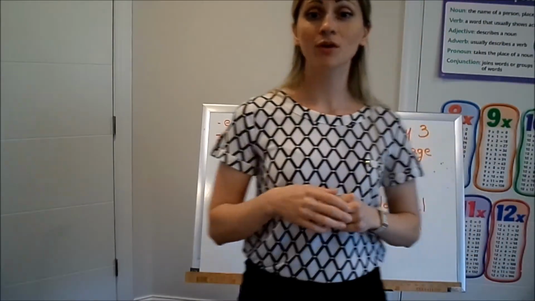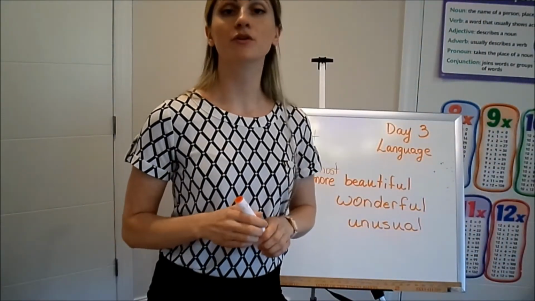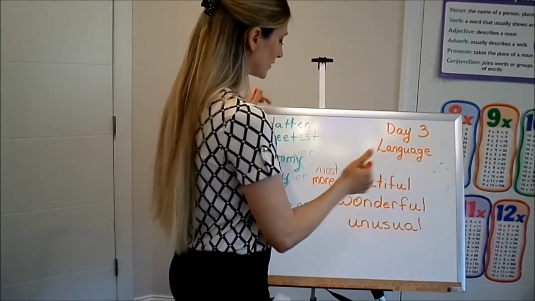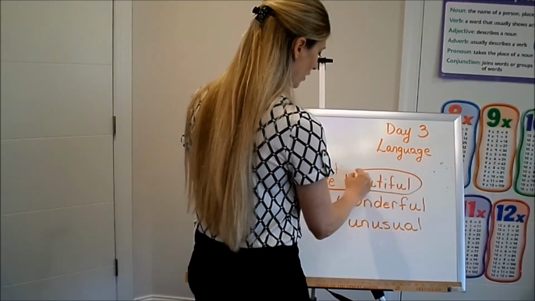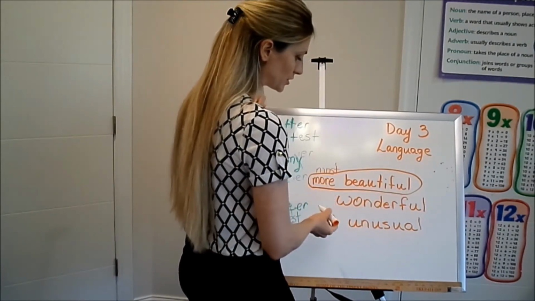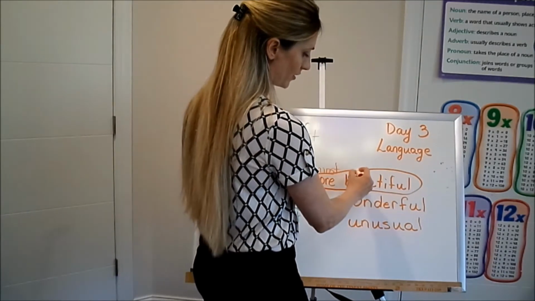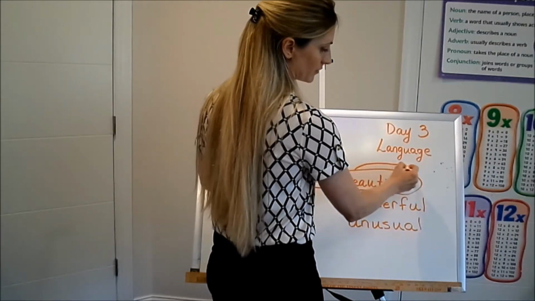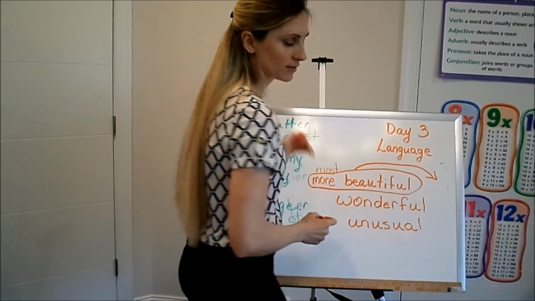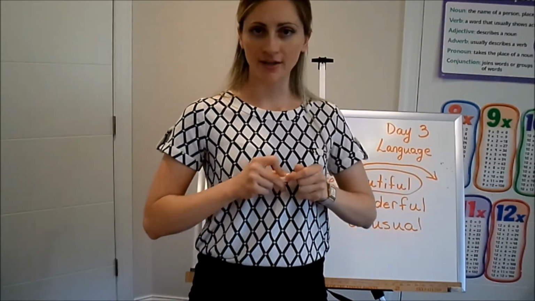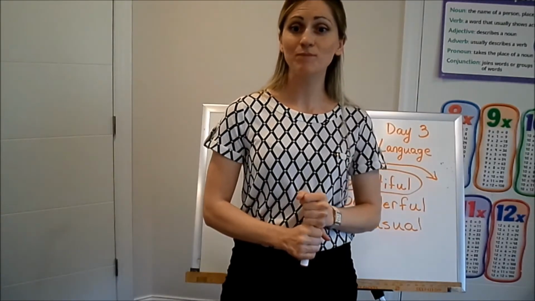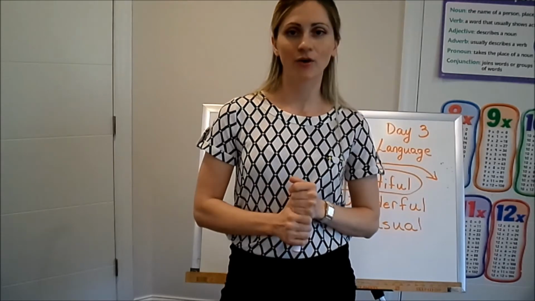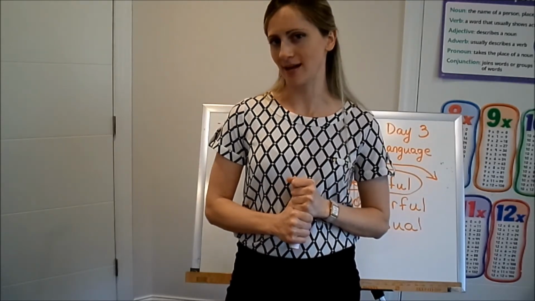Ksenia. More beautiful or the most beautiful. And pay attention. More beautiful or more wonderful or most wonderful would be one entire adjective referring to the noun that it's describing. Unusual, most unusual, or more unusual than that. Okay?